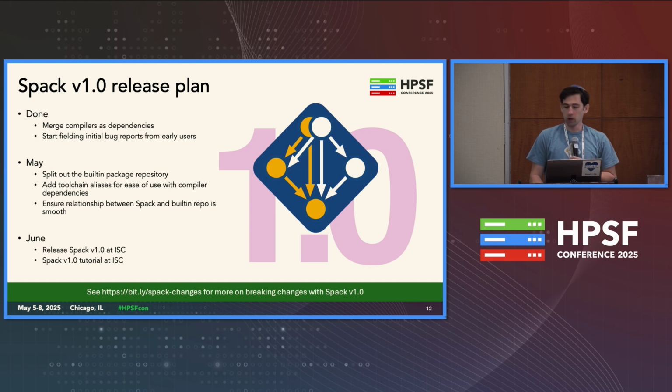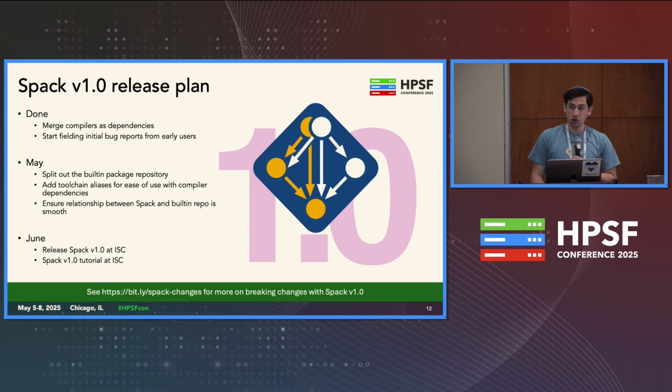In terms of where we are in the release process, we've merged the compilers as dependencies work into develop. That's in. We've knocked off some of the issues on it, but please, if you find more, let us know. This month, we're working on splitting the package repository out from the core tool and some usability semantic sugar features on top of compilers as dependencies.